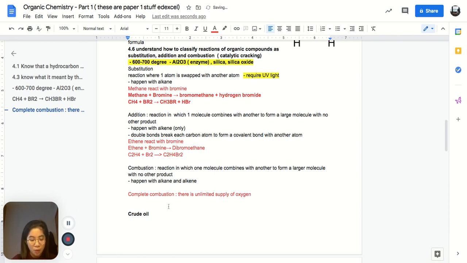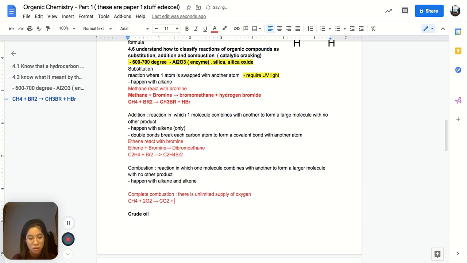One of the examples is definitely CH4 plus 2O2. And you guys remember you have to balance the equation, because if you don't balance the equation, you would not get that mark, guys.